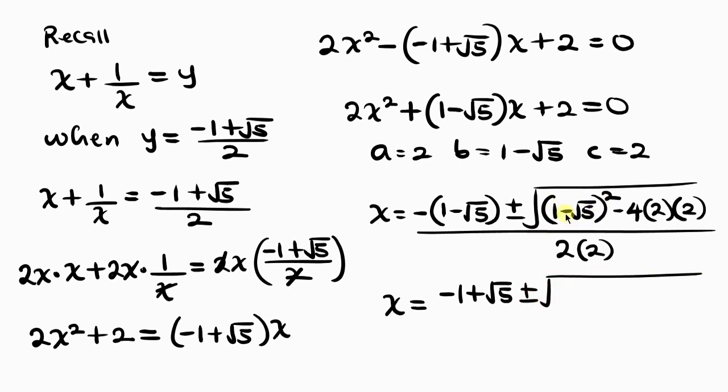Now let's open up what we have here. 1 squared is 1, and then 2 times 1 times negative root 5 is negative 2 root 5. Good. And then negative root 5 squared will give you plus 5. Good. Minus. Now 4 times 2, that's 8, times 2, that's 16, all over 2 times 2 is 4. Now let's continue this simplification on the next slide.